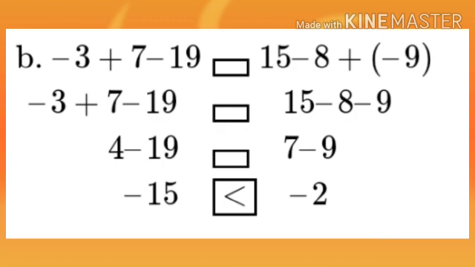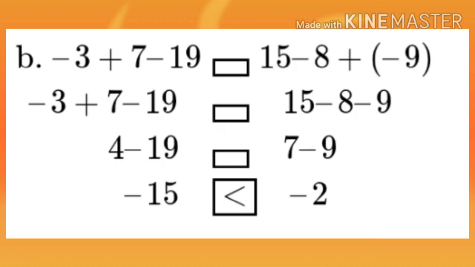Then the next expression is 15 minus 8 plus of minus 9. Here also subtraction and addition operations are performed. First we can take 15 minus 8. Normally we know that 15 minus 8 is 7. Then 7 minus 9. One is a positive number, another one is negative, which means write 7 as it is.